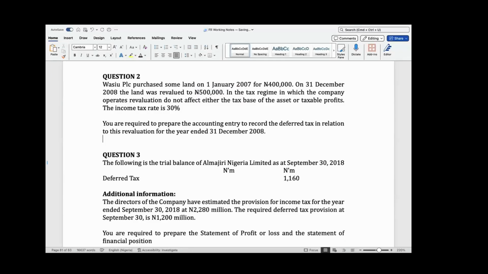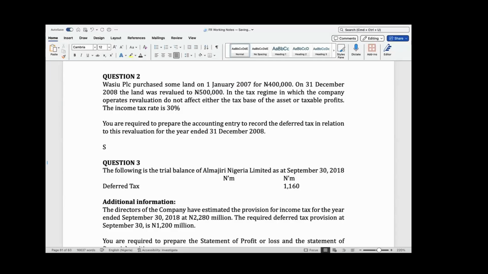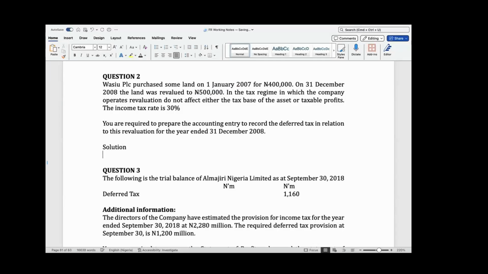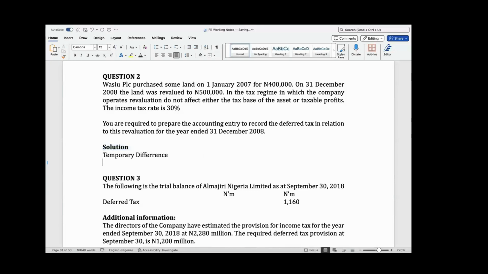So here, how do you record the deferred tax in this instance? First, we need to even determine the deferred tax by ascertaining a temporary difference. And how do we get this temporary difference? It's by comparing the carrying amount, which in this case, we are talking about 31st December 2008.